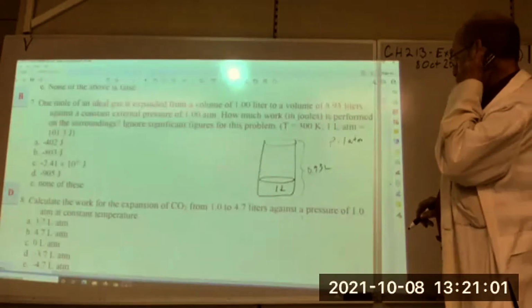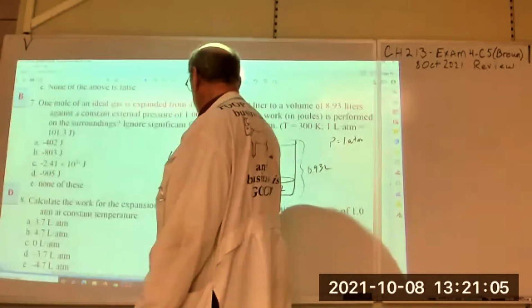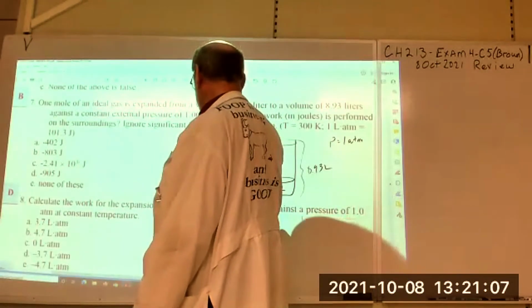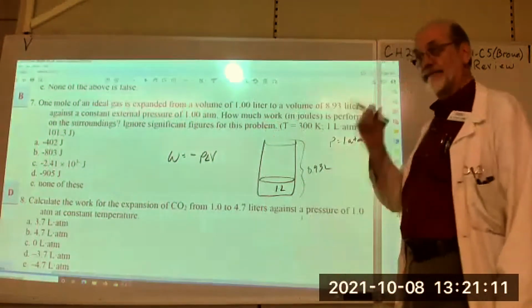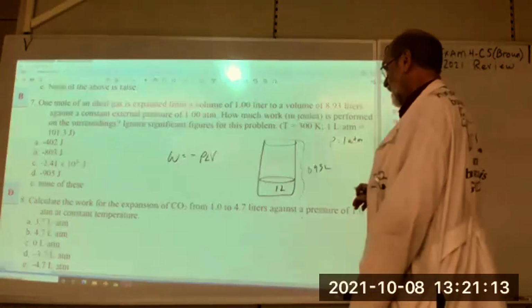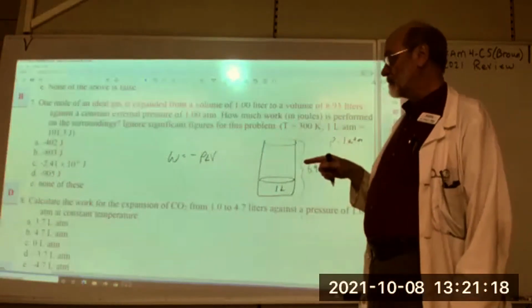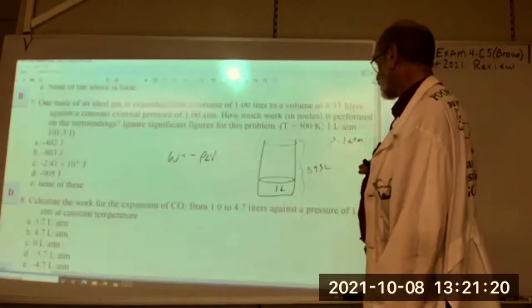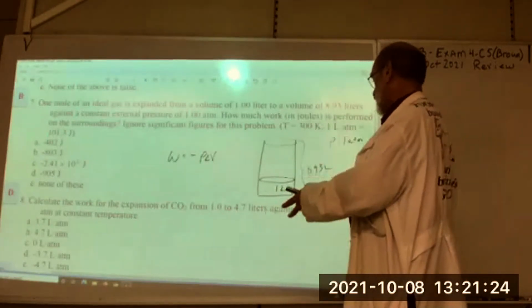Okay? So what's our formula for an expanding gas? Work equals minus P delta V. Right? Okay, so that will be in units of liter atmospheres. We have to do that first.